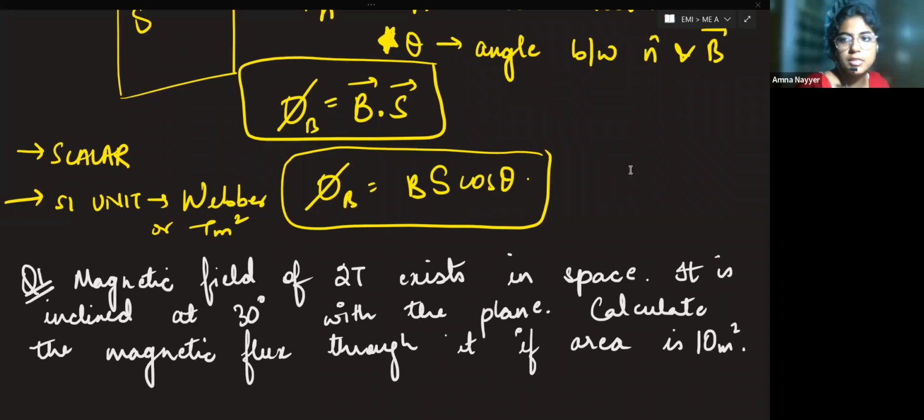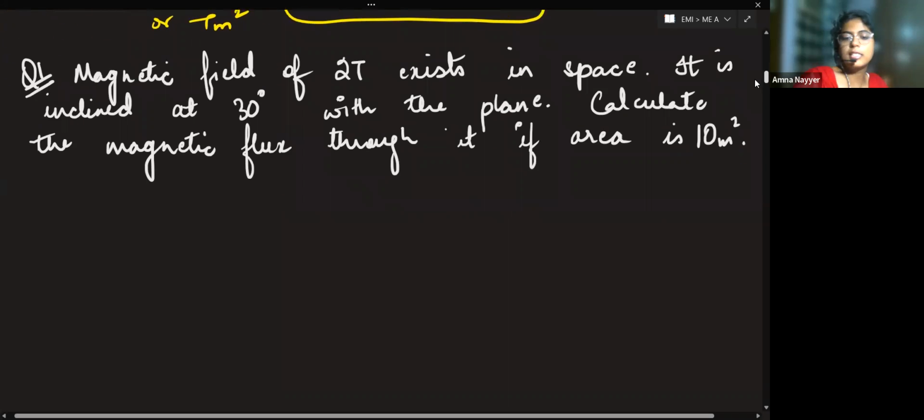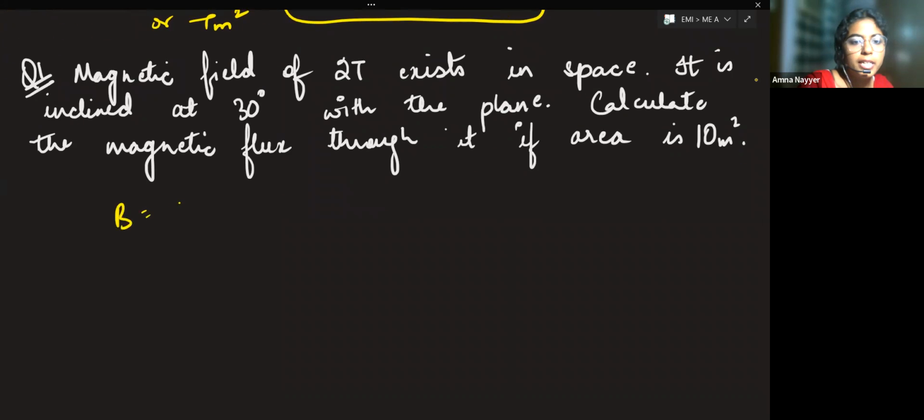So this question says that a magnetic field of 2 Tesla in space is inclined at 30 degrees with the plane.